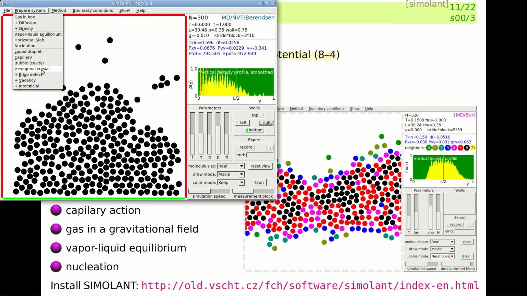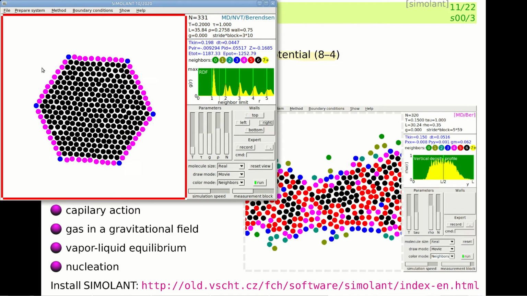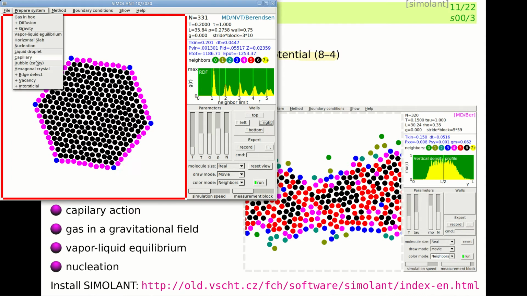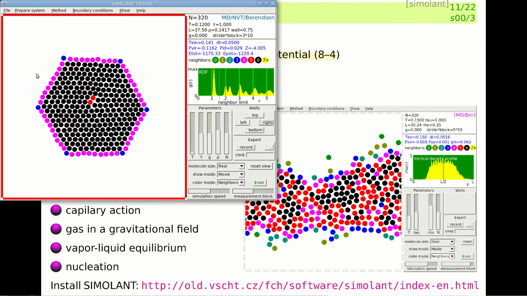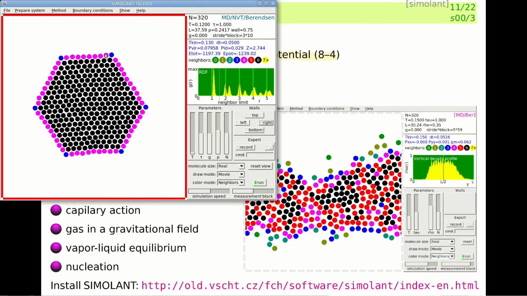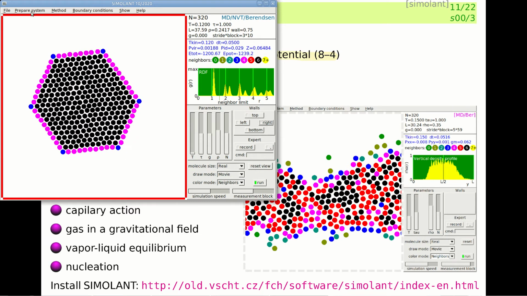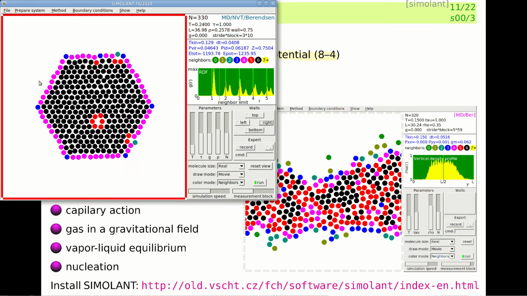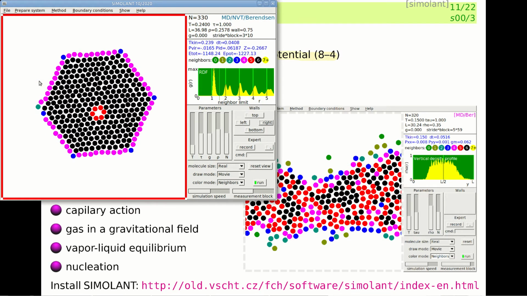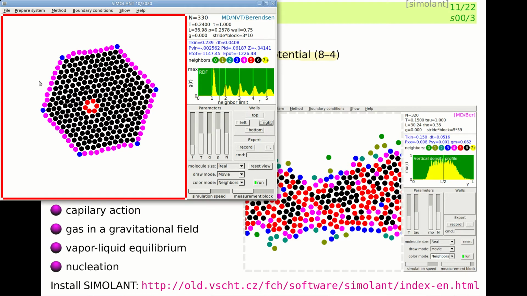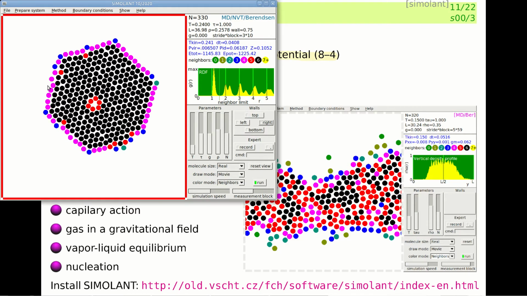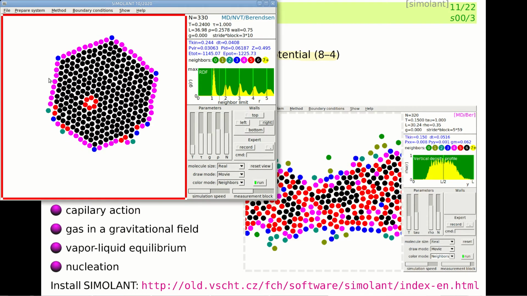We can study crystals. This is the hexagonal crystal. We can put defects in it. This is the edge defect, which eventually goes to the border of the crystal and disappears. Vacancy, it diffuses through the system but relatively slowly. So you can try it by yourself, but I'm not patient enough now.